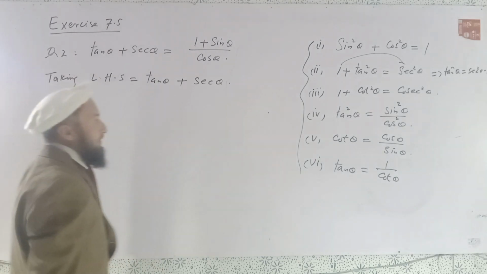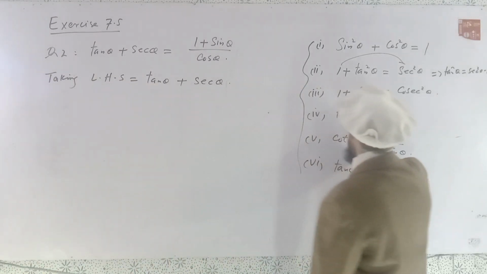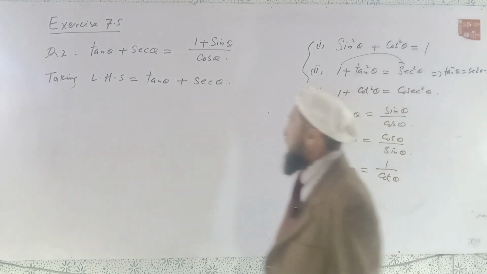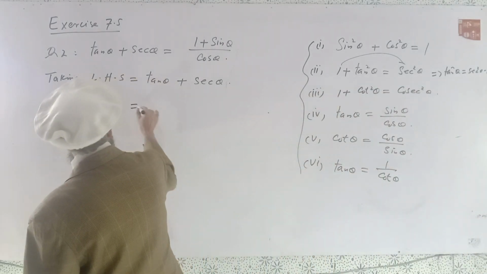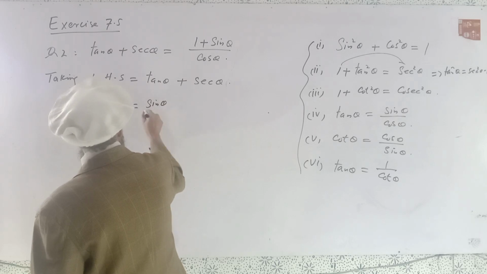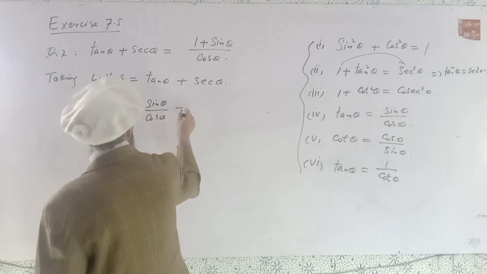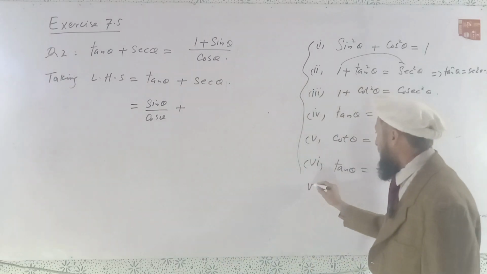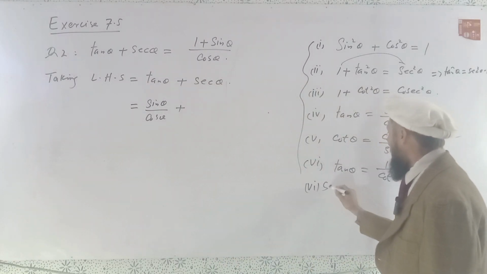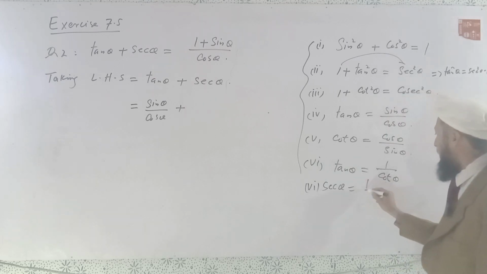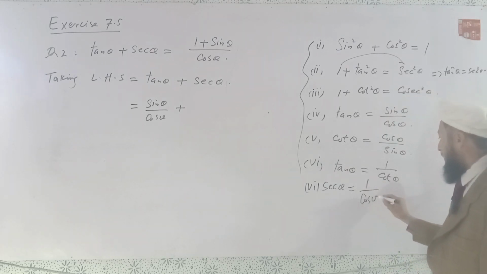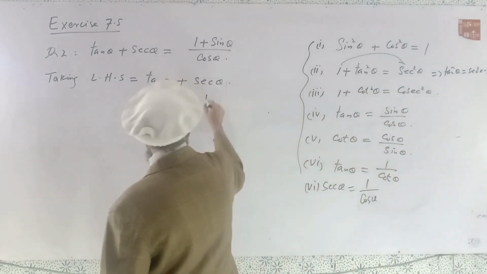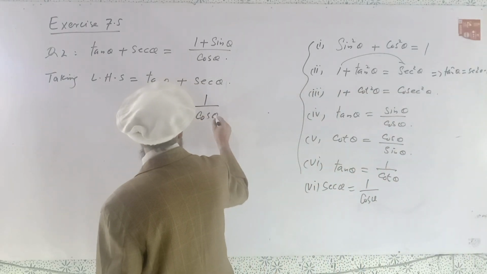According to the formula, tangent theta is equal to sin over cos. We can write here sin theta divided by cos theta plus secant theta, which is also another result. We put here secant theta is equal to 1 over cos theta, or cos theta is 1 over secant theta. So we put here 1 over cos theta.